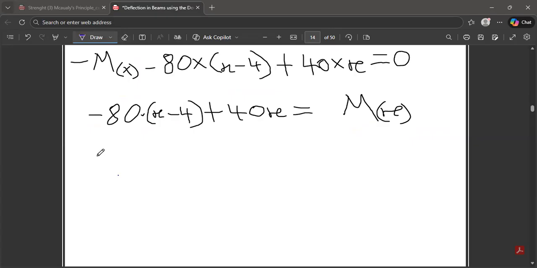So at the end of the day, we can say that our Mx is equal to 40x minus 80 multiplying x minus 4. I didn't do anything.